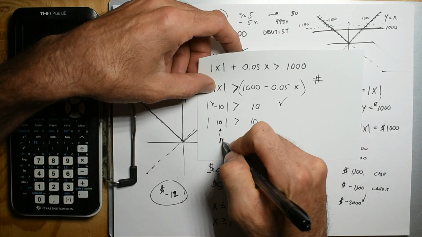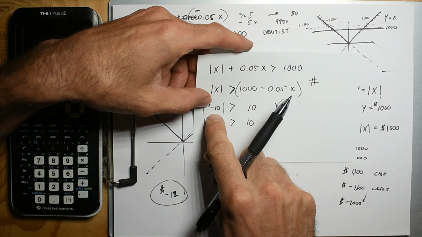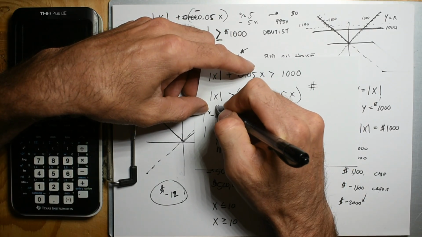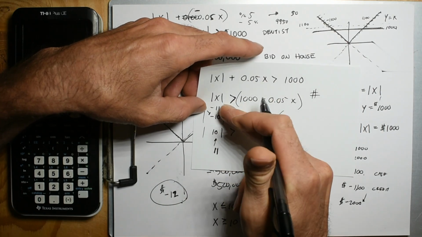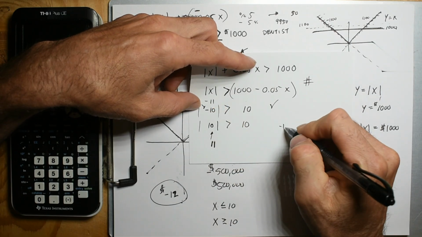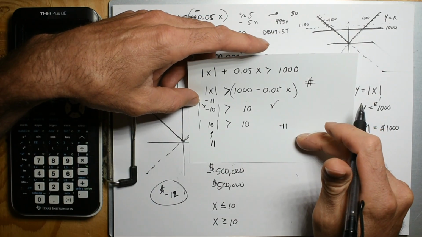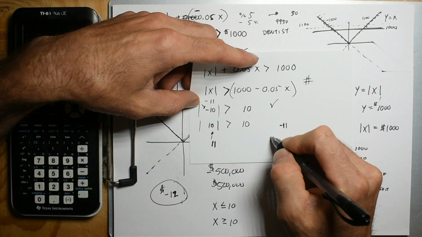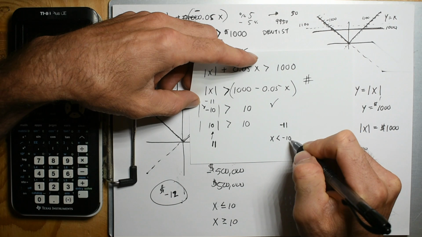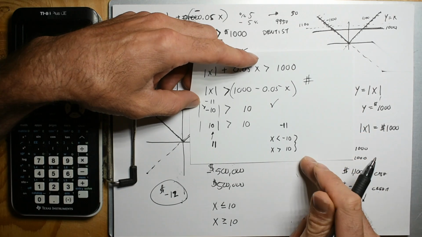If this is negative 10, that becomes 10. Well, this also has to be like 11, and so that has to be a negative 11 in there. And so negative 11 is a smaller number. So x has to be less than negative 10, and x has to be greater than 10. Those are the two solutions that we would find.